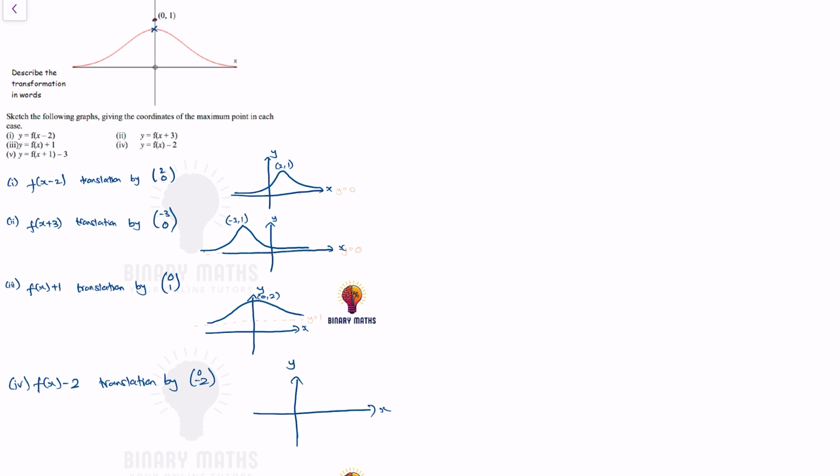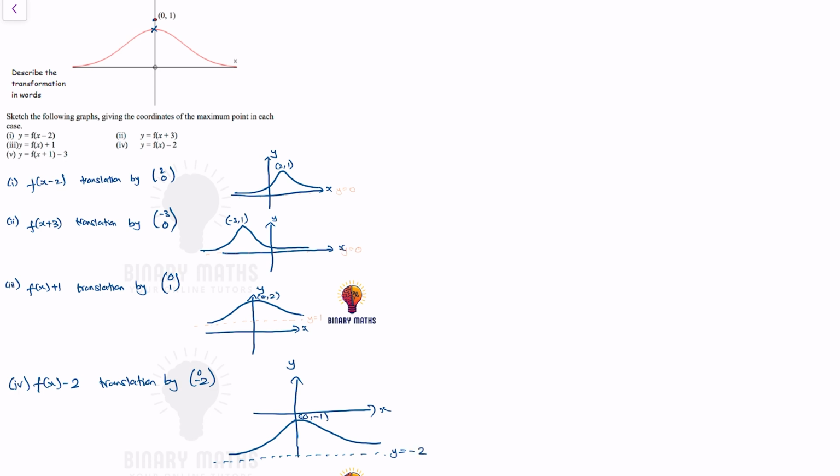So if you subtract, if it goes down by 2, it's now at 0, minus 1. So this point is at 0, minus 1 because it's gone down by 2. And that also means there's an asymptote at y equals minus 2.